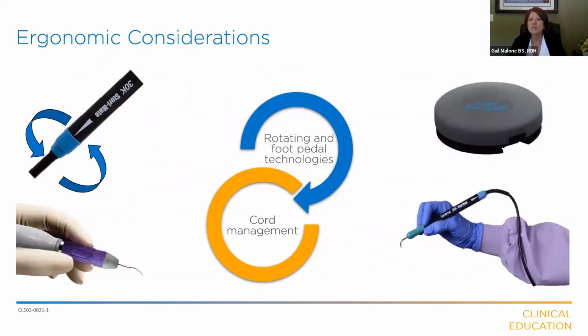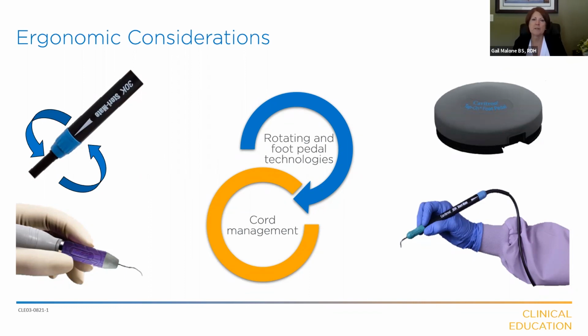Ergonomics is extremely important, and there are some ergonomic considerations that we want to consider. There's the benefit of having a swivel cable or swivel component. It can be part of the insert design, or it can be built into the handpiece, and that's what you have with the Cavitron Dentsply unit.